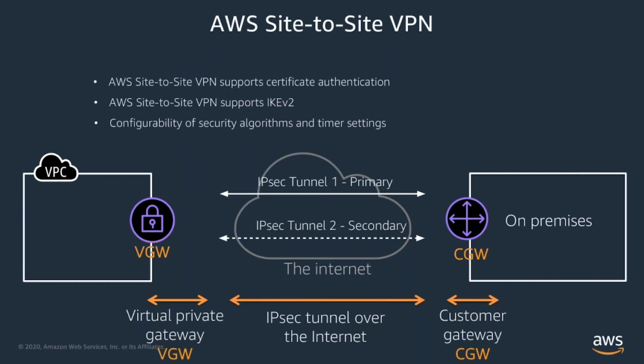Each connection comes with two tunnels, primary and secondary. This is for failover and for higher availability. And it supports static routing configuration and also dynamic configuration with BGP. One thing to note here is the bandwidth for each tunnel is 1.25 Gbps.